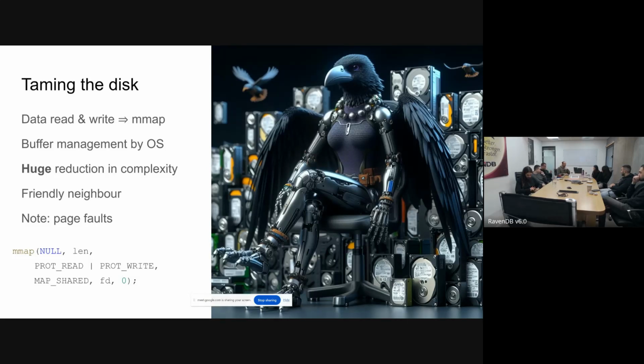Not having to manage buffers means that we are relying on someone else to do that. Who is that someone else? The operating system. This is beneficial for us because we benefit from IO coalescing, which is multiple requests being merged, read ahead, read behind, those are things where we have good strategies built into the operating system already to manage that.